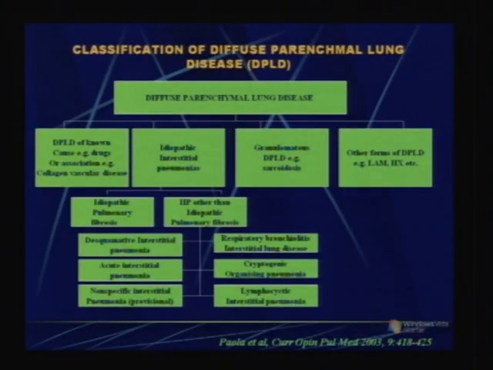But there is a subtype of granulomatous diseases, particularly in sarcoid, which do not have typical clinical features. In such situations, imaging may play a very important role. And in the last group, where we have a heterogeneous group of disorders, HRCT plays a very important role in the diagnosis.